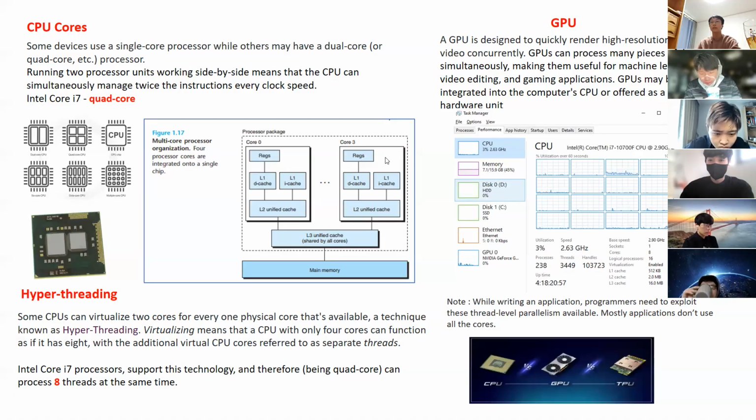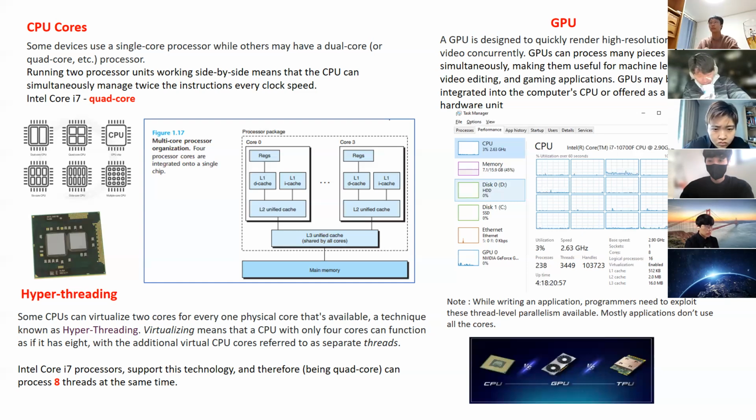Every time your screen is changing while you are playing the game, the rendering of the images has to be done very fast, and the CPU is not designed to do that kind of task.